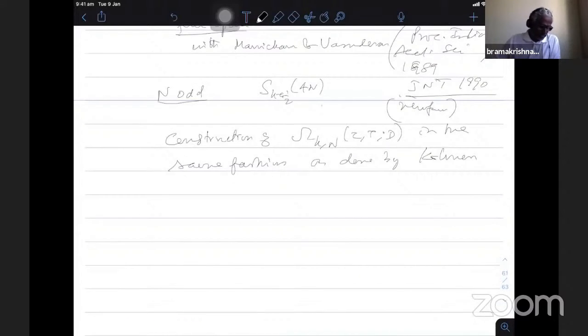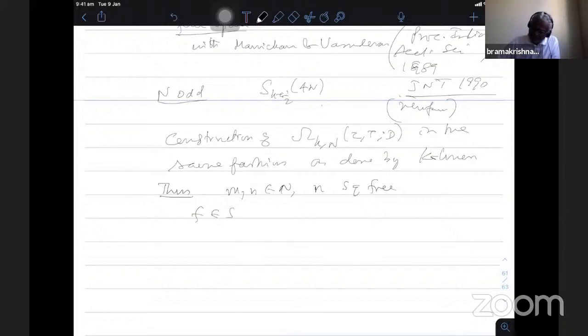So this is the main theorem I'll write. Let k and n be natural numbers, n square-free. Here we need not have the fundamental discriminant, square-free is enough because we are looking at only the Shimura map.